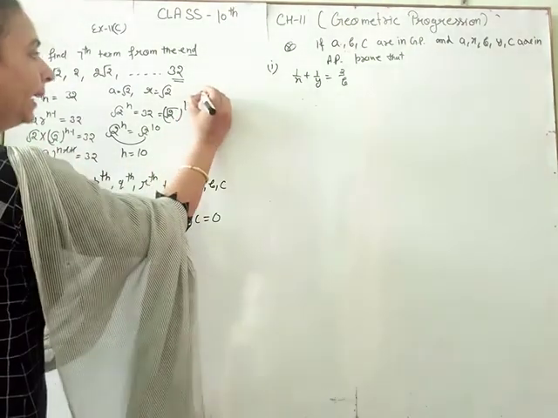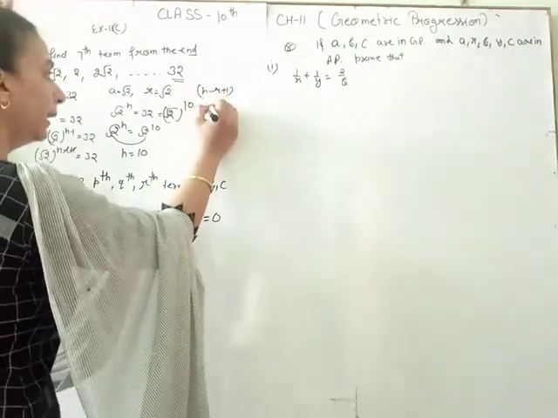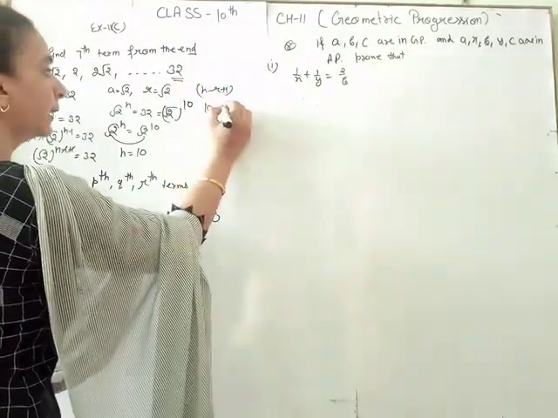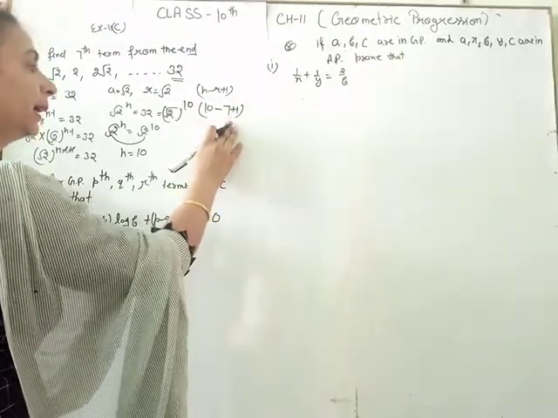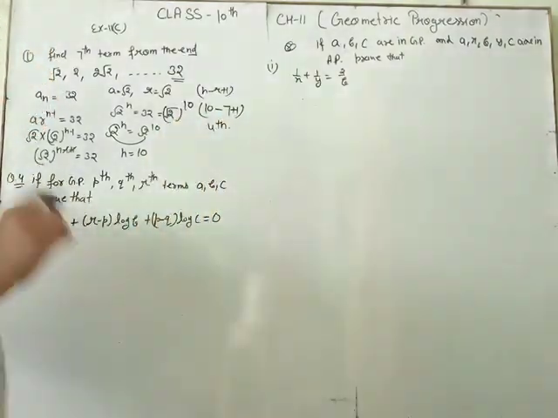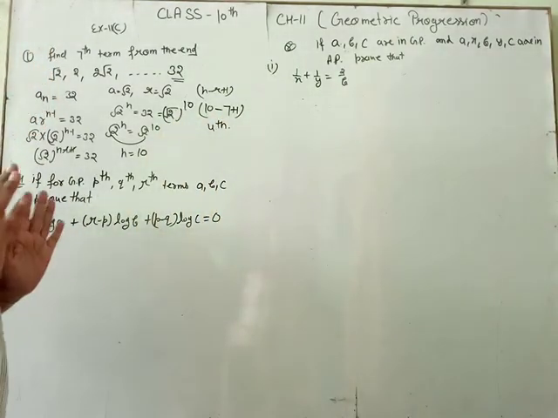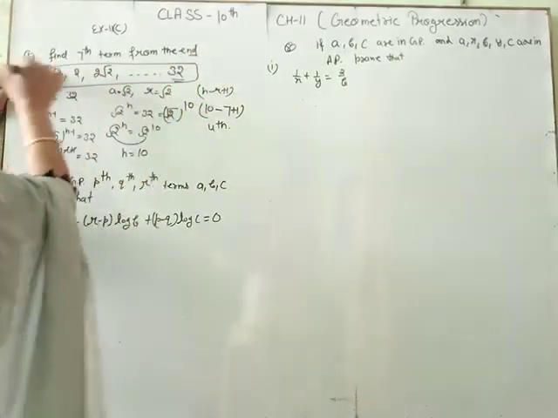Then we find n minus r plus 1. That means 10 minus 7 plus 1, which is 11 minus 7, fourth. We find the fourth term from the beginning, the fourth term of this sequence.